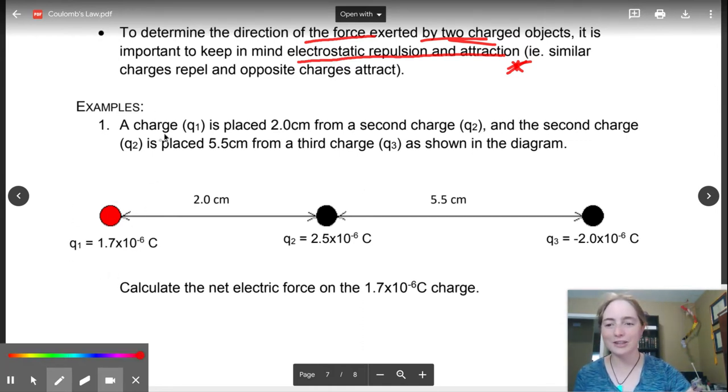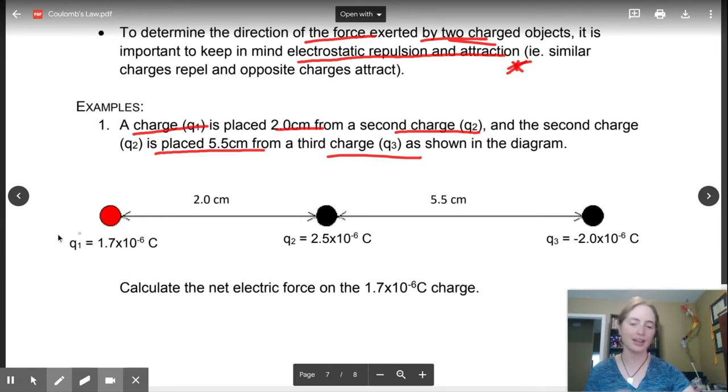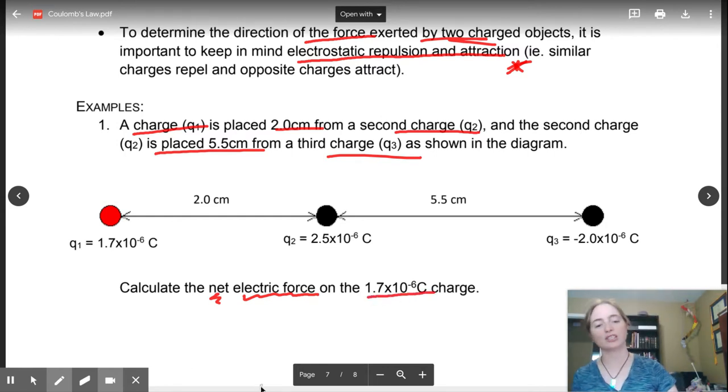We have a charge Q1 placed 2 centimeters from a second charge Q2, and the second charge is placed 5.5 centimeters from the third charge Q3, as shown in the diagram. Calculate the net electric force on the 1.7 times 10 to the power negative 6 coulomb charge.